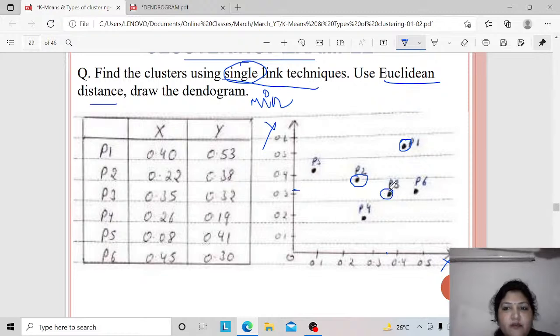So you have P3, and then P4 0.26 over here, and then 0.19 would be like here, right? And then we have 0.08, somewhere here, and then 0.41, right? Then we have 0.45 and 0.3 over here. Okay, so this is how our points are to be plotted on the graph.